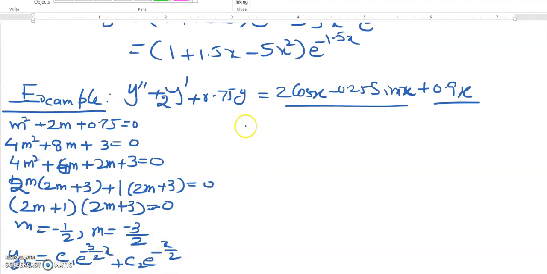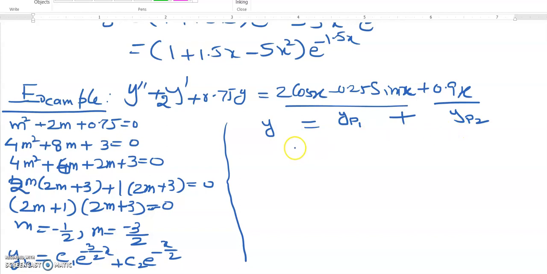This is the homogeneous solution. The particular solution will consist of two parts, yp1 and yp2, and the sum of these two will be the total particular solution.